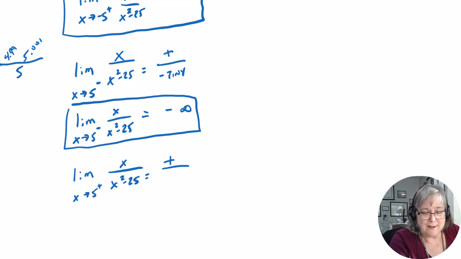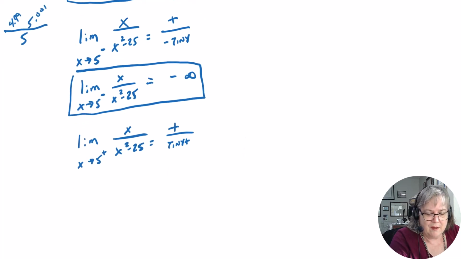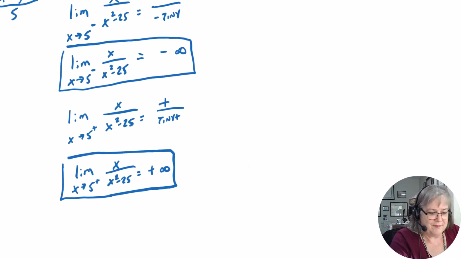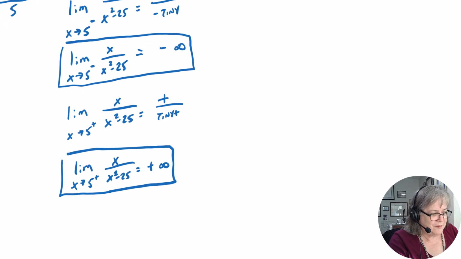So when you square it, it's slightly bigger than 25. So you're going to have a tiny positive. So the limit as x approaches 5 from the right of x over x squared minus 25 is positive infinity. Okay, so far so good.